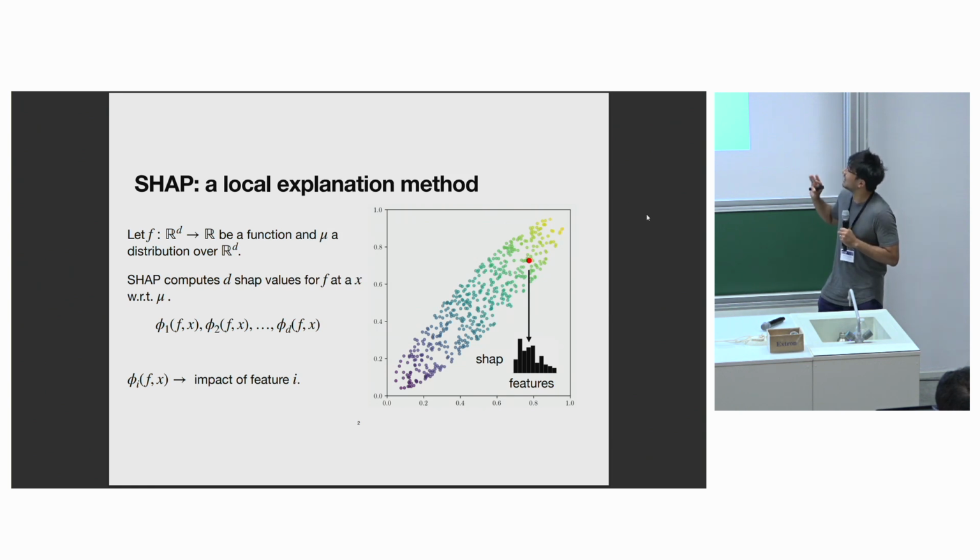And in a nutshell, the way it works is for a function, typically real valued, and in our setting we'll take it over some distribution mu, SHAP computes d SHAP values, one for each feature, that roughly tell you how important each feature is. I won't get too much into the details of what these mean right now. I can later offline if there's more time.